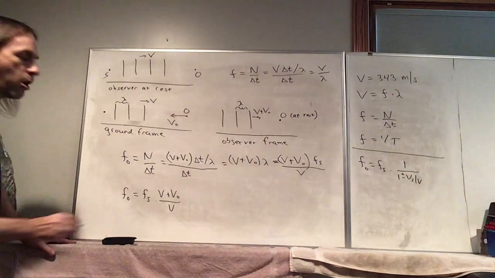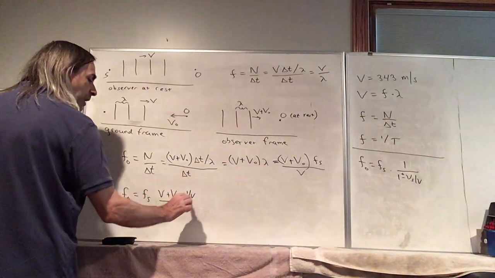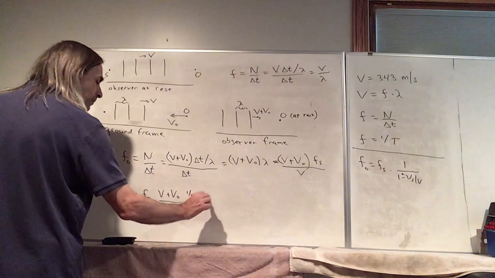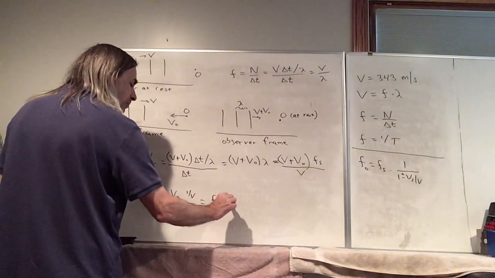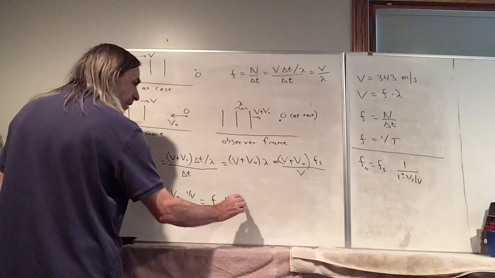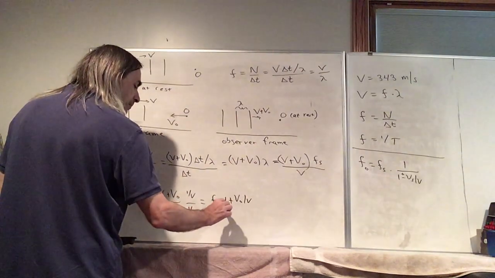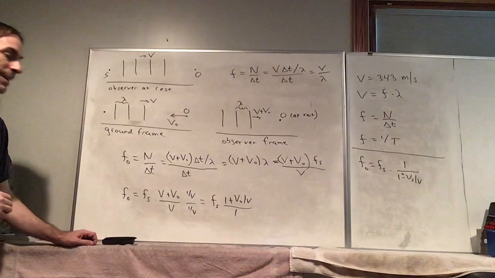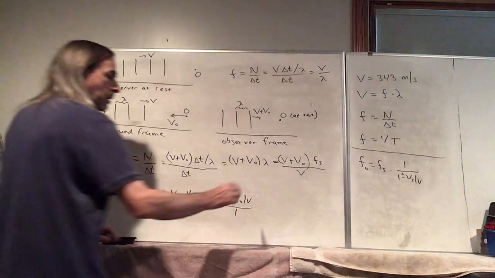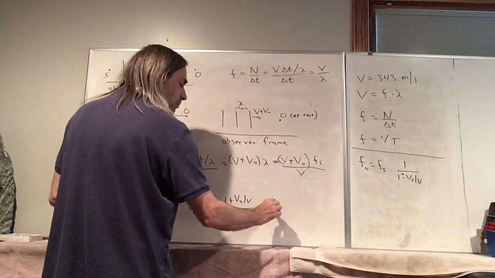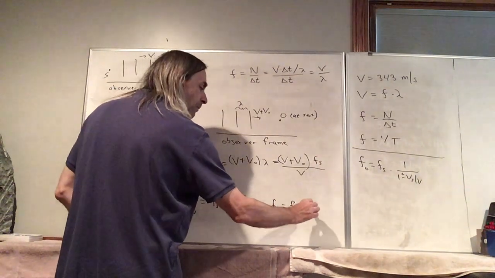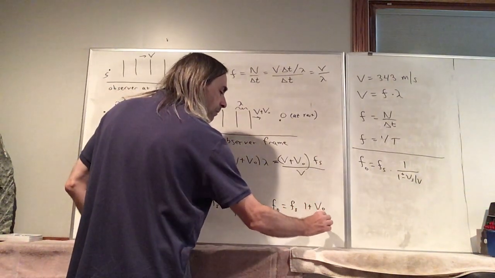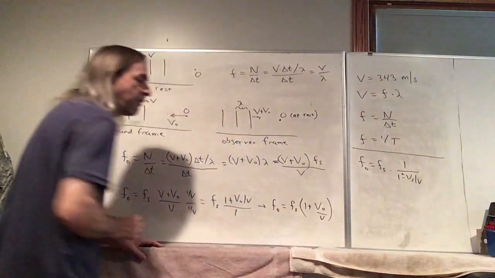And just like before, we're going to multiply by 1 over v over 1 over v. So we have the frequency of the source times 1 plus v0 over v, divided by 1. So we don't need to write that as a fraction at all. That's our final result.